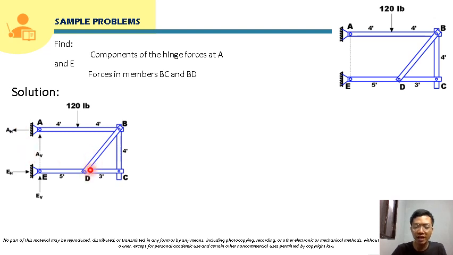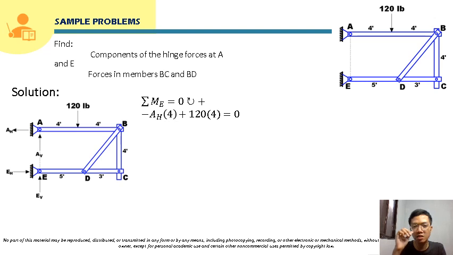If we take moment at E, we can solve for AH. EH and EV will be cancelled, AV will also be cancelled, so the only unknown will be AH.